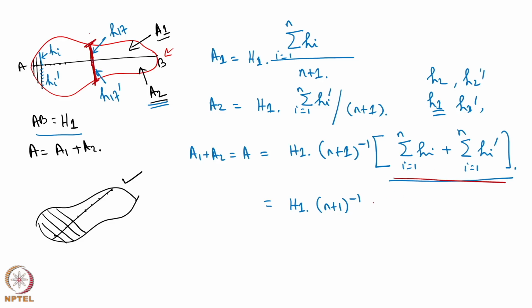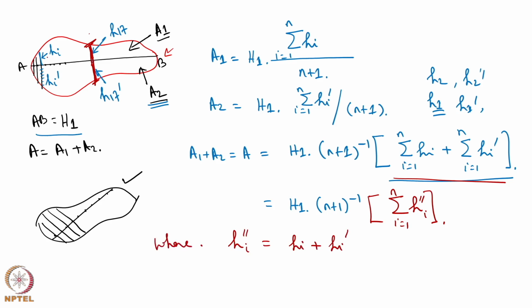So, this writing can be simplified as, where Hi double dash is equal to Hi plus Hi dash.